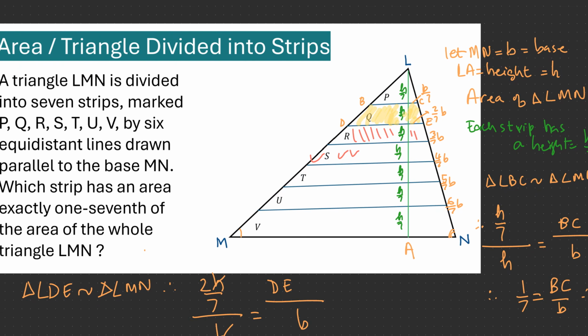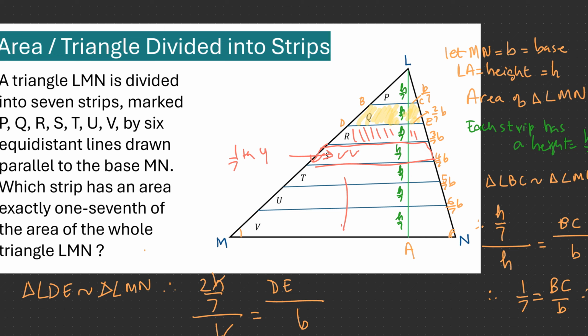So we get the area of this bit, that is area of S, is equal to 1/7. This is actually the middle strip, okay? 1, 2, 3, 3 strips on top, and 1, 2, 3, 3 strips at the bottom.